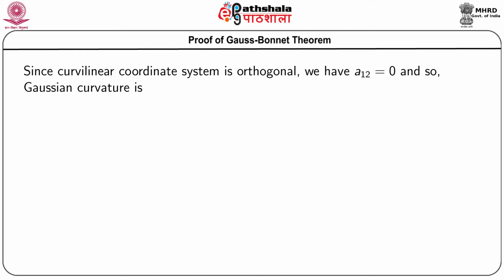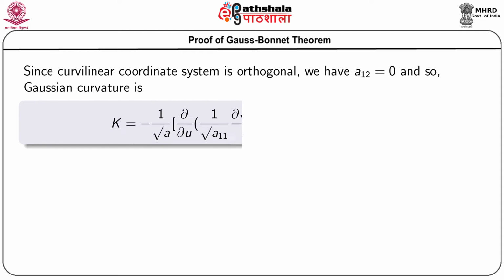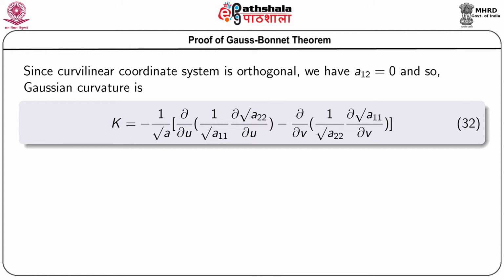Now, since the curvilinear coordinate system is orthogonal, we have A12 equals 0, and so the Gaussian curvature is K equals minus 1 by root A within the bracket of this expression.